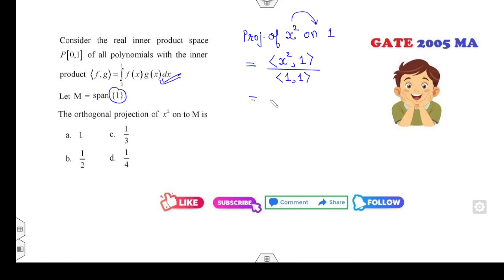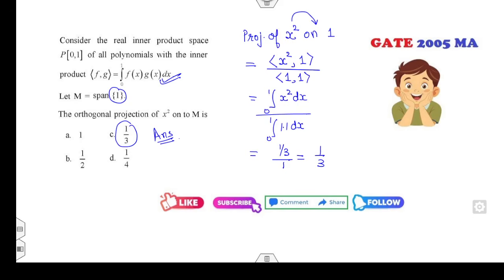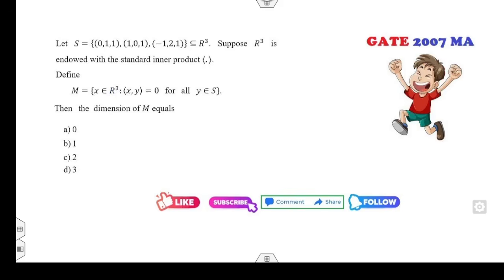By using the definition, it is the integration from 0 to 1 of x square, divided by 1 into 1. So it's 1 over 3 divided by 1. 1 over 3 is the right answer of the problem. Fine. Similar concepts were already explained in previous lectures too. If you want more examples.